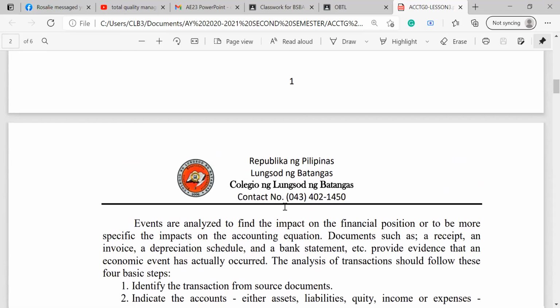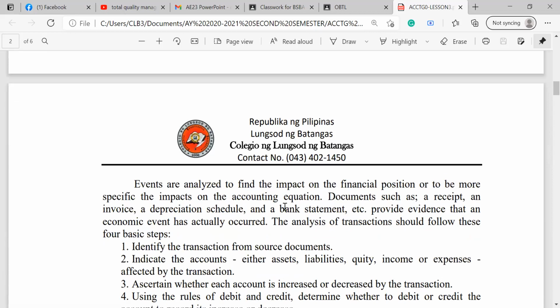Okay po. So, when we defined accounting before, kasama doon sa definition natin is yung identifying, measuring, classifying, summarizing. In this case, events are analyzed to find the impact on the financial position, or to be more specific, the impacts on the accounting equation.